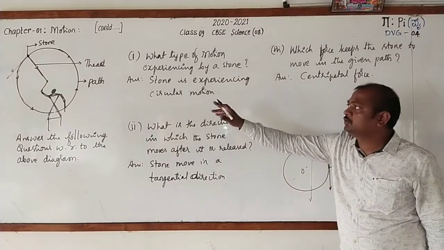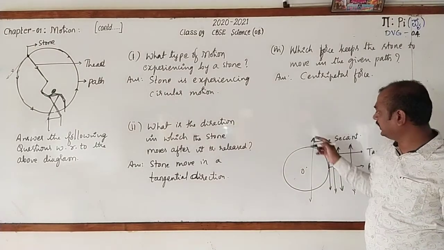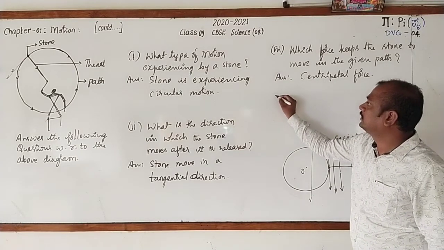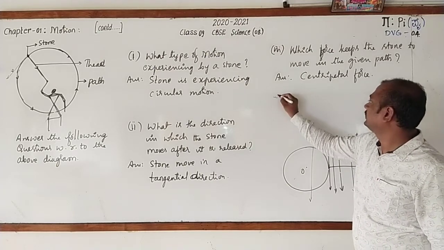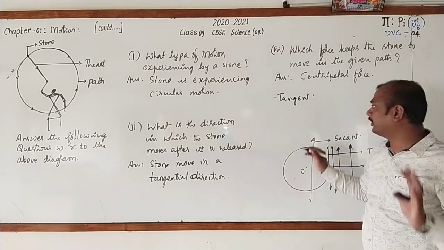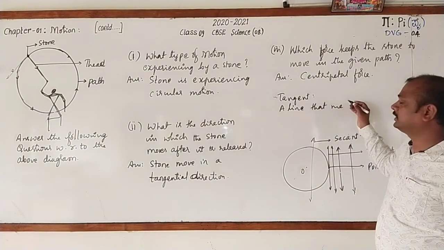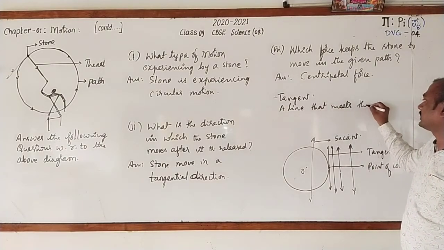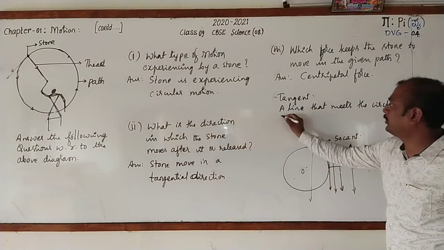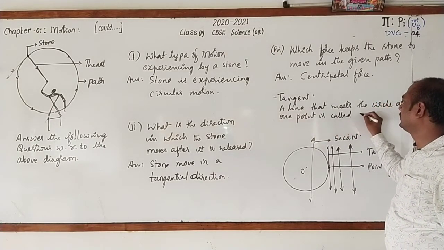Yes. Now you are going to copy from there to here, and before that I'll write the definitions for centripetal force, tangent and secant. Tangent: what is a tangent? A line which meets the circle at only one point is called a tangent.